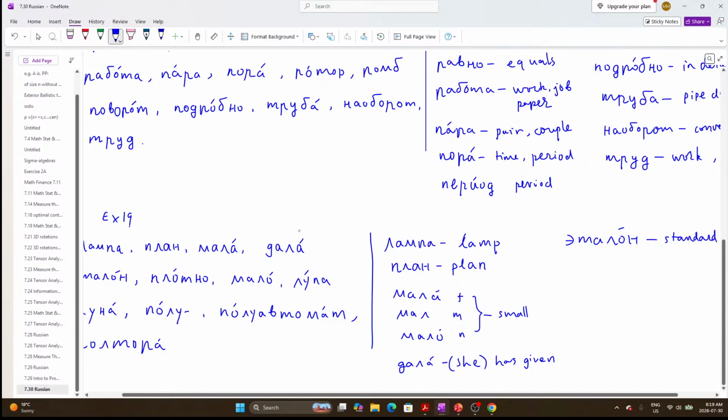So standard deviation is used interchangeably between стандартное отклонение and среднее квадратическое отклонение.